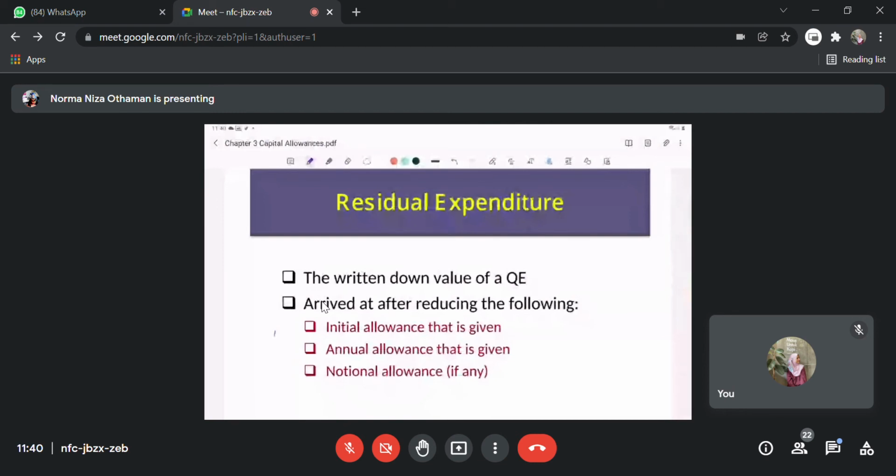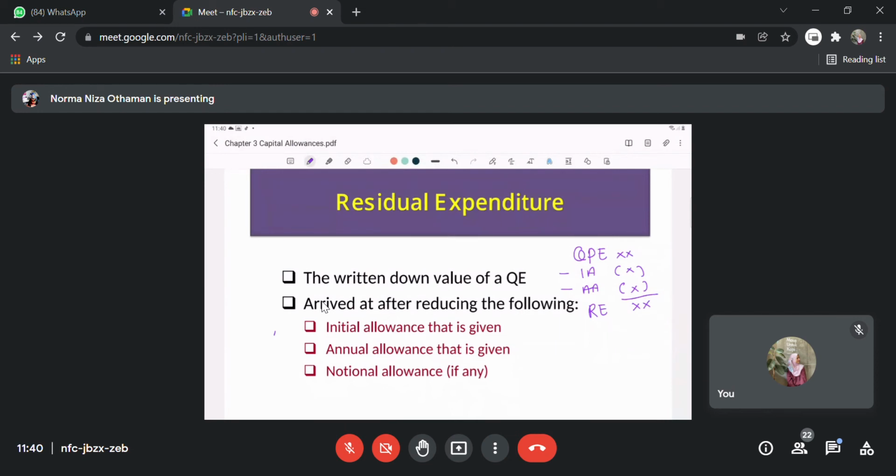How do we get to residual expenditure? The format is the QPE, we deduct the capital allowances: we deduct IA and we deduct AA. The balance after the deduction is called RE, or residual expenditure. So it is the carrying value, the value after deduction.